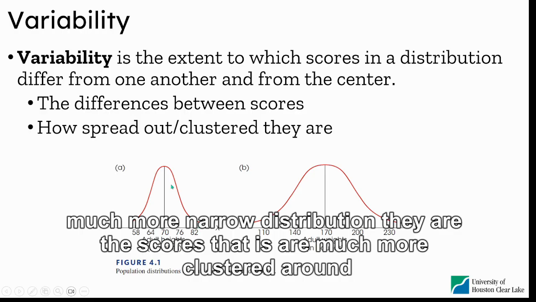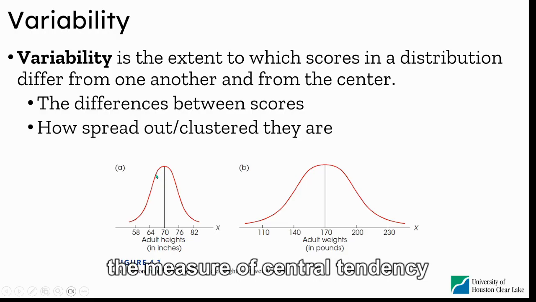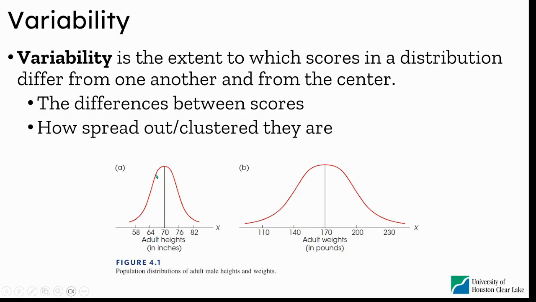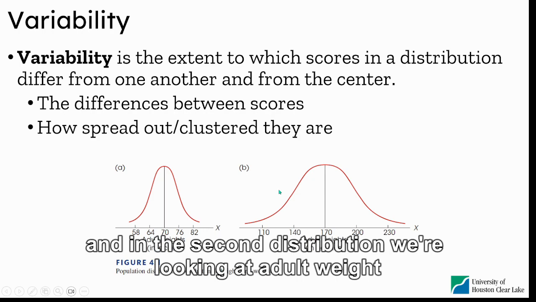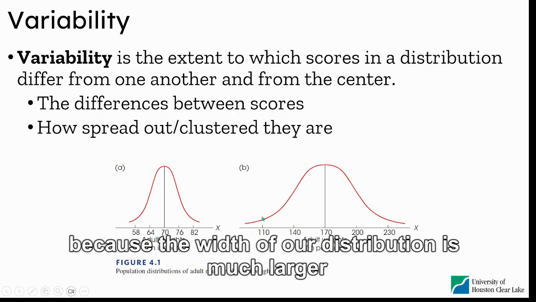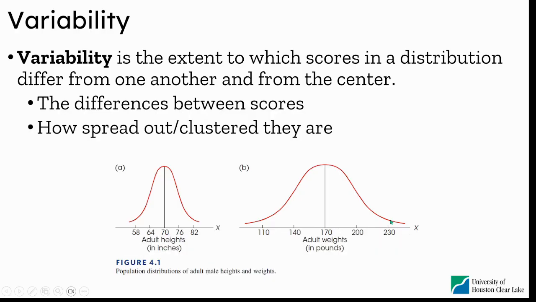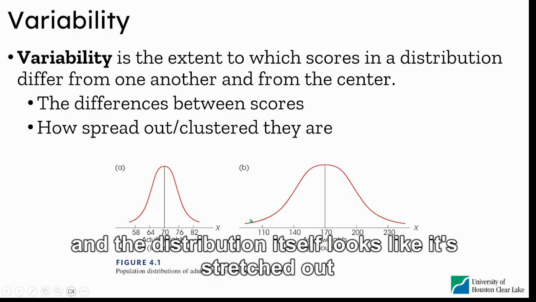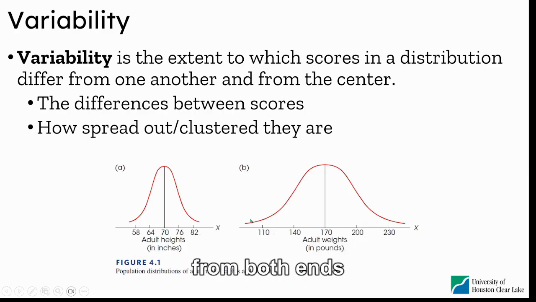The scores, that is, are much more clustered around the measure of central tendency, the mean. And in the second distribution, we're looking at adult weight, and you can see there's a lot more variability in this particular distribution because the width of our distribution is much larger, and the distribution itself looks like it's stretched out from both ends.